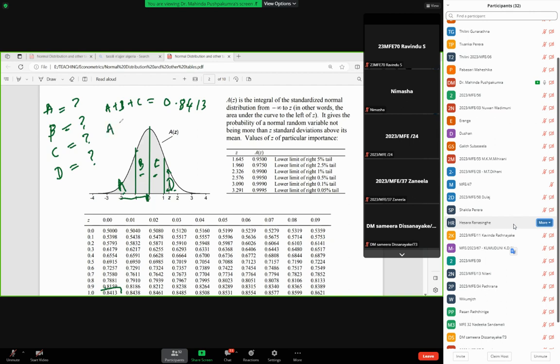A plus B. What is the probability A plus B? 0.5. Then you can find C. Then C is equal to 0.8413 minus 0.5.